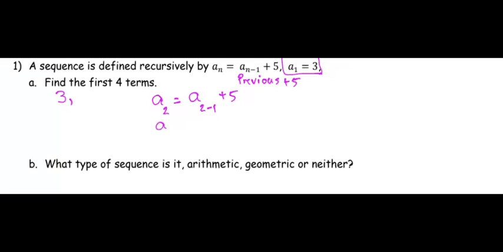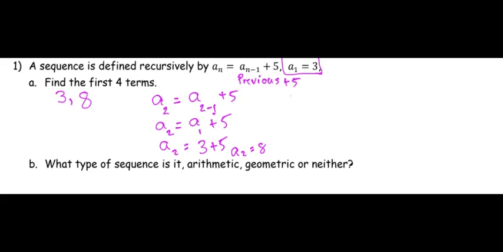Now I know that 2 minus 1 is 1, so I'm going to end up with a sub 2 equals a sub 1 plus 5. That means that I need to add 5 to the first term, which is 3. So a sub 1 is 3, 3 plus 5 is 8. So the second term is 8.